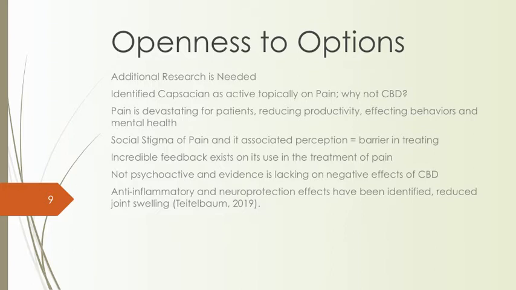As we know, pain is devastating for patients, and anyone who's lived with pain at different times in their life knows the emotional impact it has. It reduces productivity, affects your behavior, your mental health, and your sleep-wake cycle. We'd be remiss to not recognize that. I think each and every one of us, when a patient presents with pain and you've seen the documented history, there's a certain stigma that comes with that.